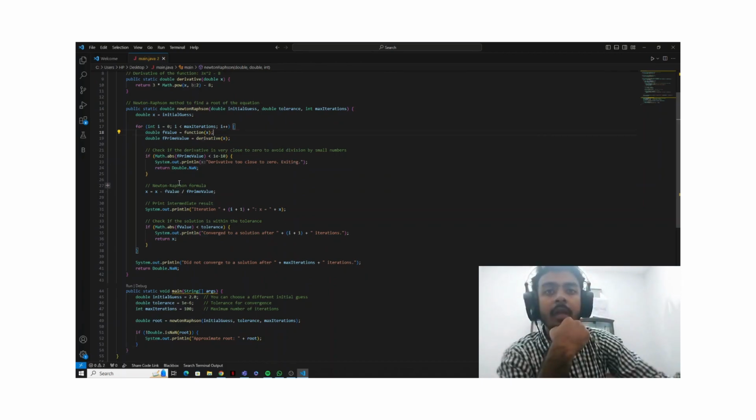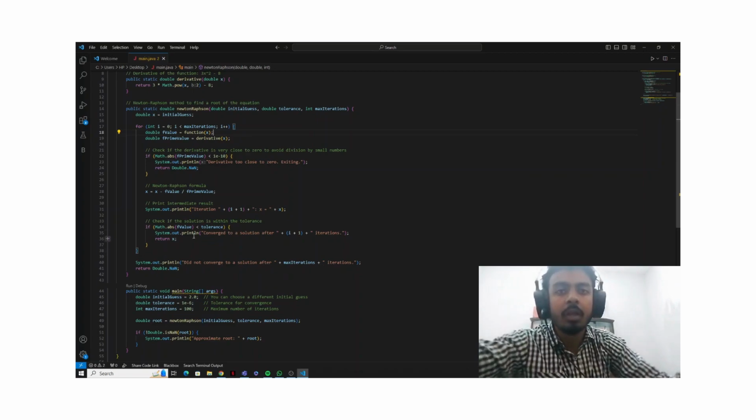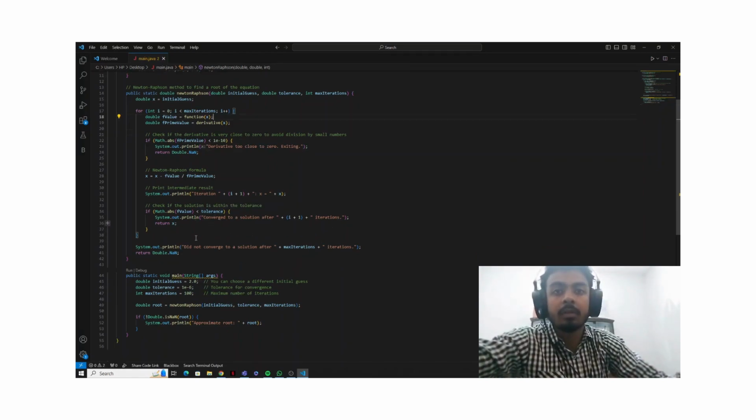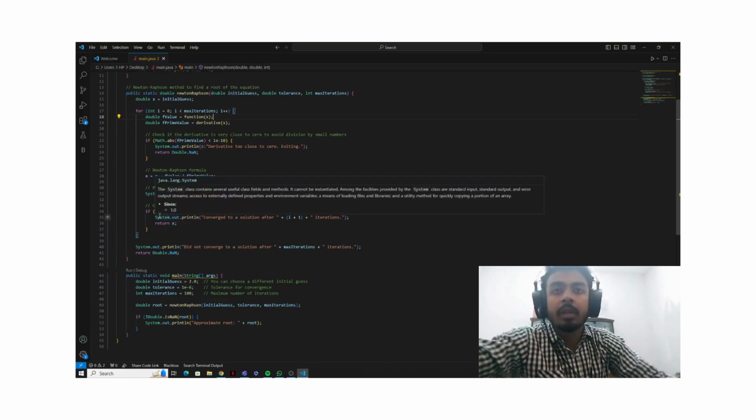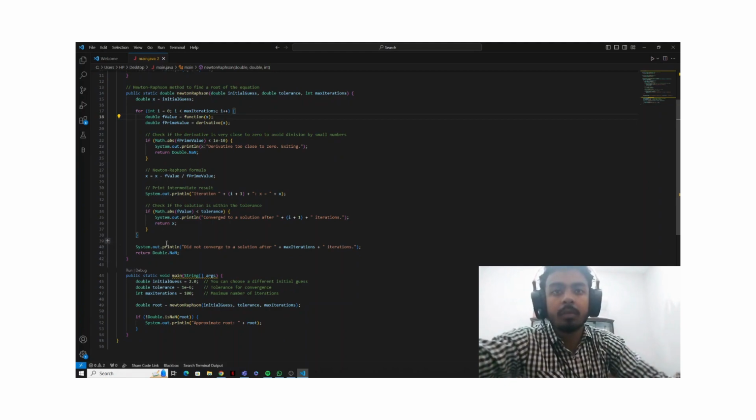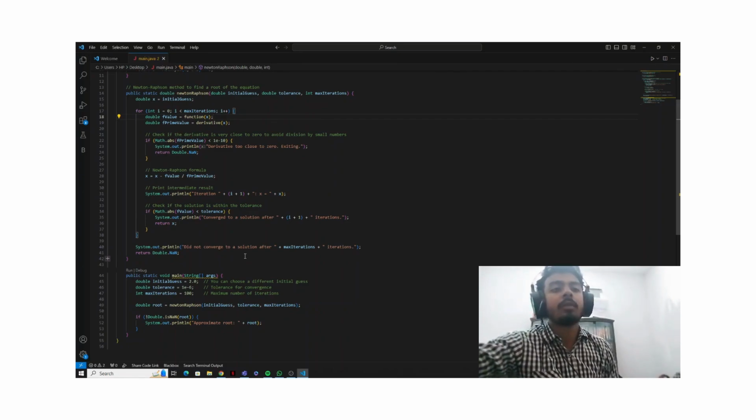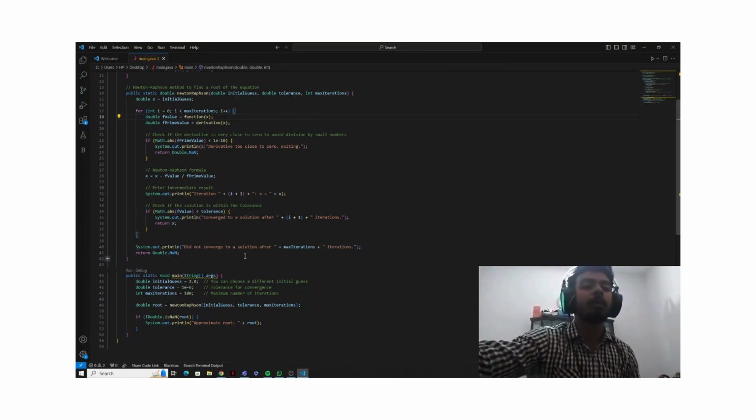And if Math.abs of f value is less than tolerance, the system will print converged to a solution after i plus 1 iterations, and then we get out of the loop. Otherwise it prints did not converge to a solution after max iterations.